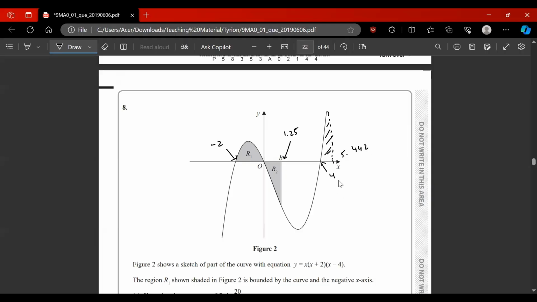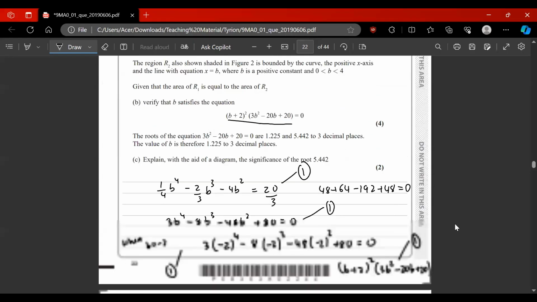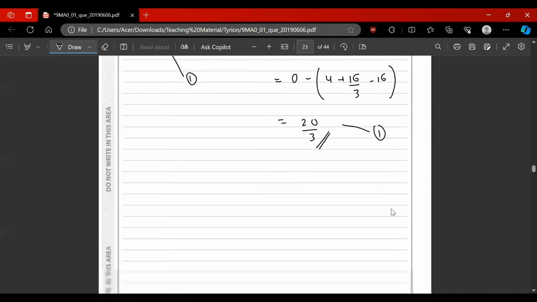What this means is that the area above the x-axis, that means R1, and the area encompassed from x equal 4 to 5.442 will be equal to the area under, which is this part over here. That's the significance of this second root here, 5.442. So you can mention that over here.